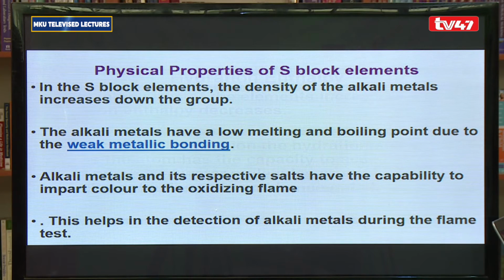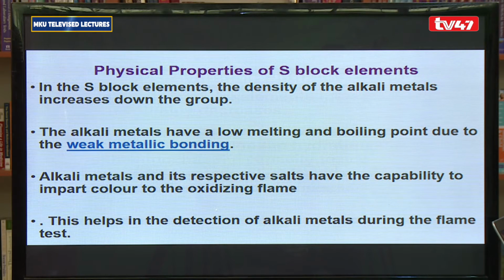So in the s block elements, the density of the alkali metals increases down the group. Also, the alkali metals have low melting points and boiling points because of the weak metallic bonding.